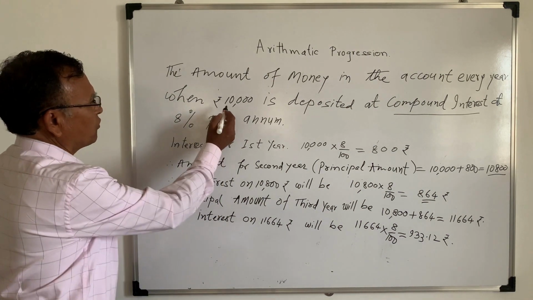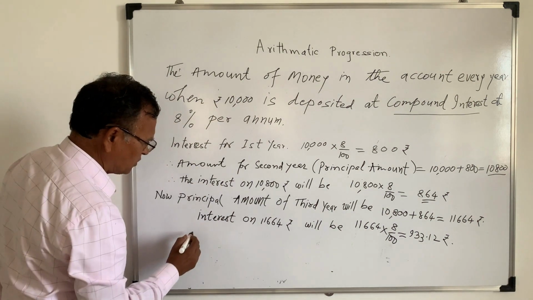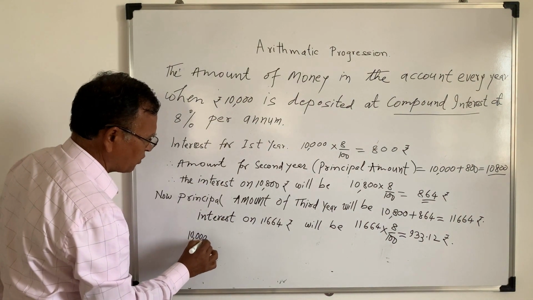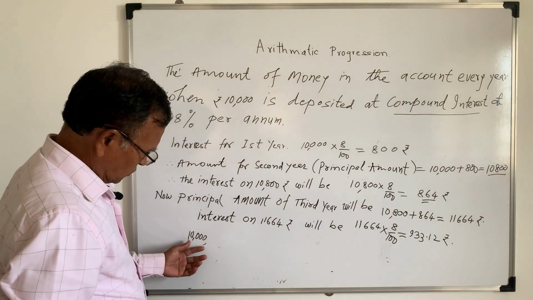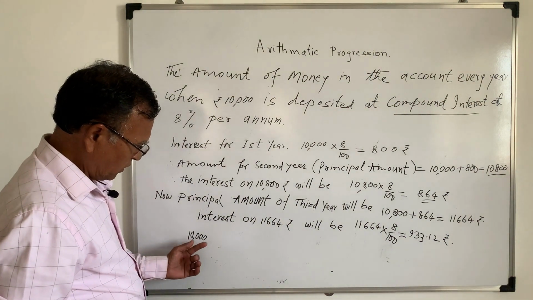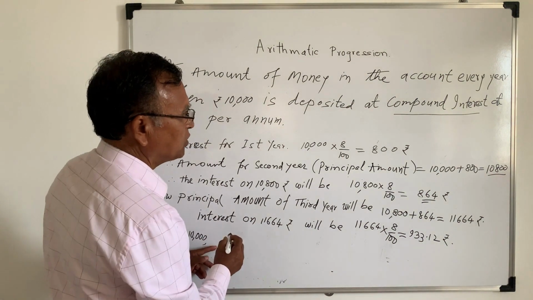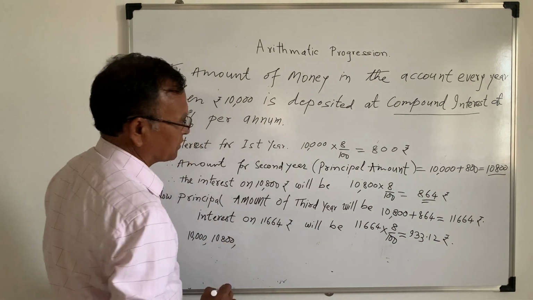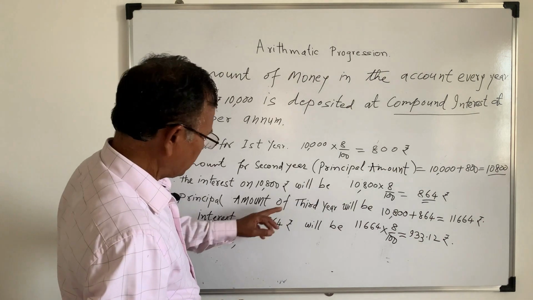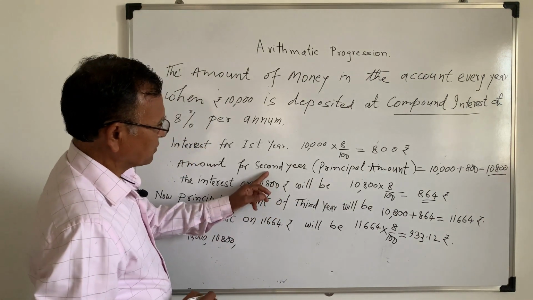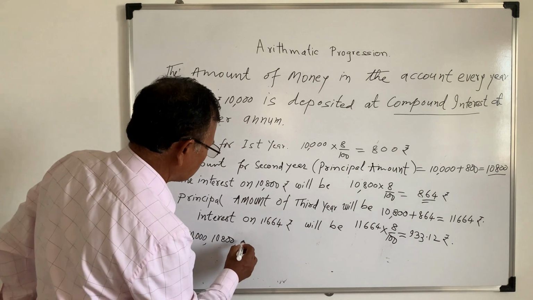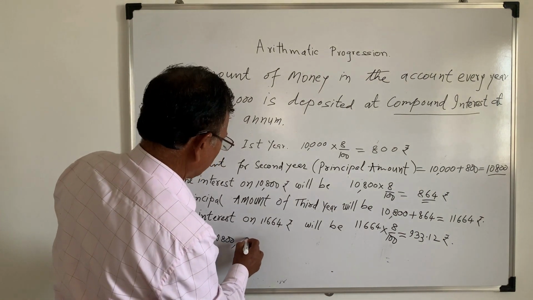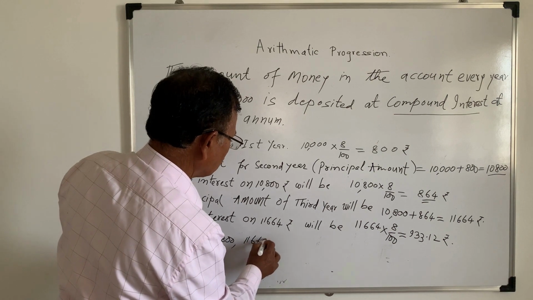So thus, if it is written term-wise: in the first year we have deposited 10,000, so in the next year it becomes 10,800, and then again in the second year it becomes 11,664.